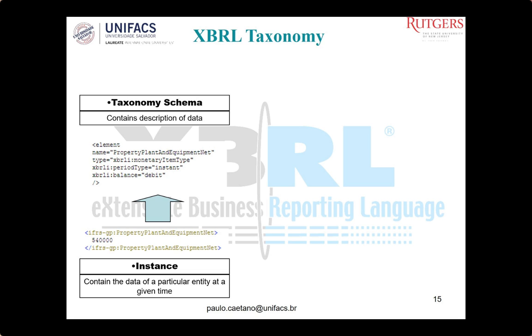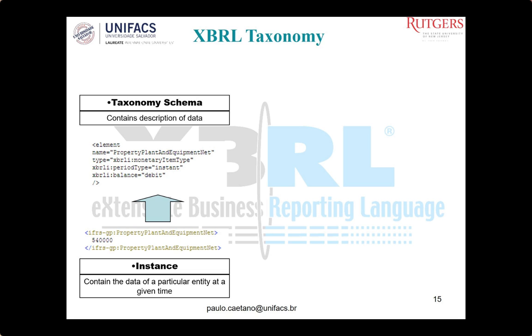For example, this element is an element defined by the XML schema. Name is an attribute of this element. The name of the element that I am creating is property, plant, and equipment net.